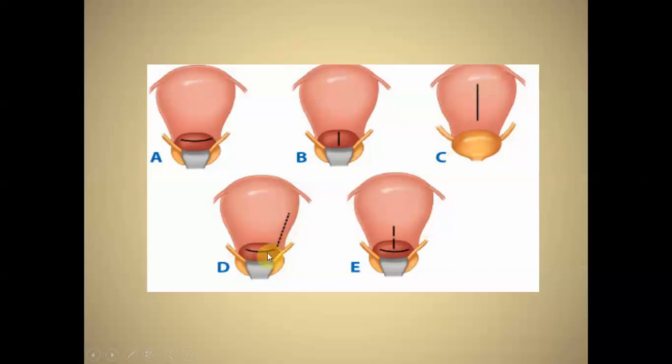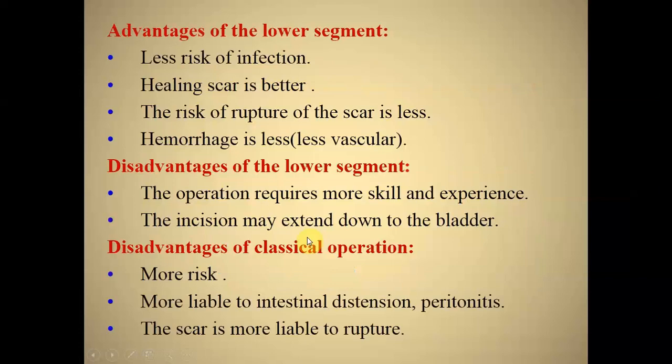Sometimes if you need to increase the size of the lower segment cesarean section due to difficulty in manipulation and delivering the fetus, I can extend it either laterally upward or in the midline as an inverted T incision. Why can I not extend the transverse incision more? Because the ureter is here on the side of the uterus with the uterine artery. So once a tear extends transversely further, it will injure adjacent vital organs.